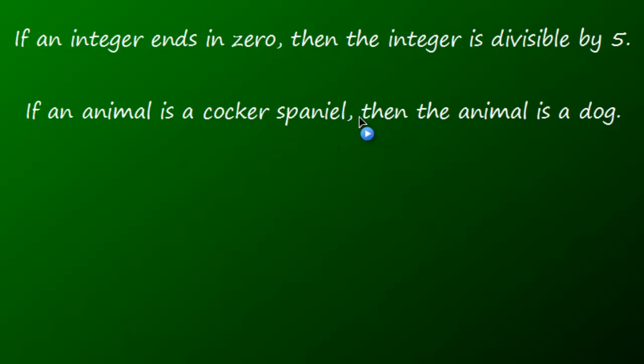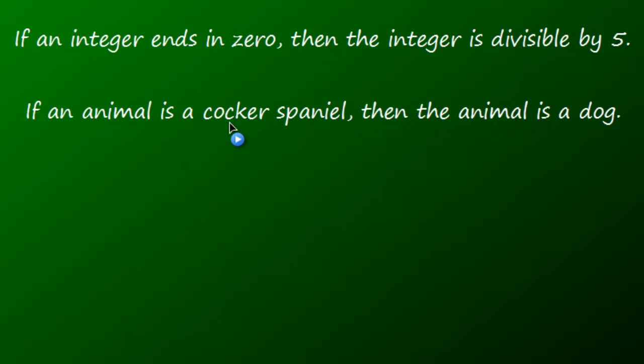Now, one thing about this. Most of your examples will be given where if comes first and then comes second. But that's not always the case. In other words, there will be some cases where it says the animal is a dog if the animal is a Cocker Spaniel. So in that case, the if comes second. So it really comes down to finding the word if, and then using that to determine where the hypothesis is, and then the beginning would be the conclusion.